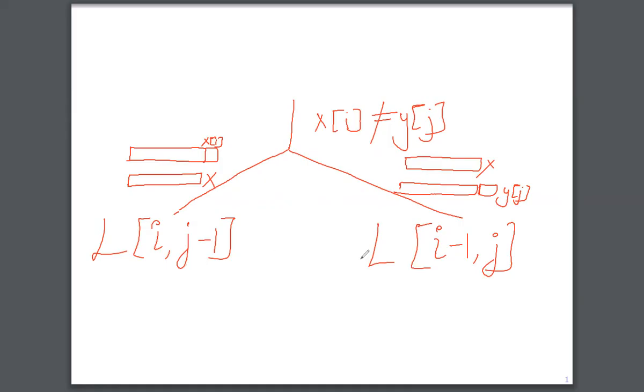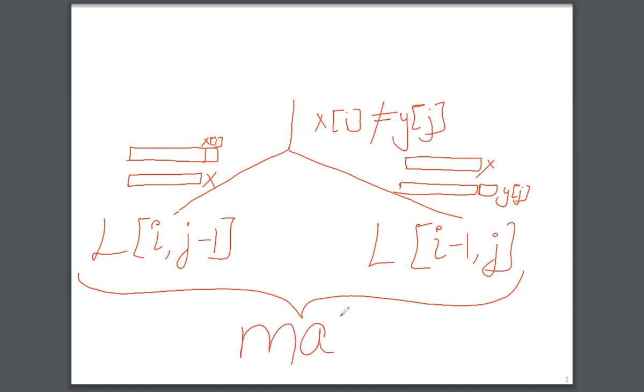So there are two subproblems. What should we do? Should we add them? Are you sure? We need to maximize. You're not looking for all the combinations, you just need the max, the largest.